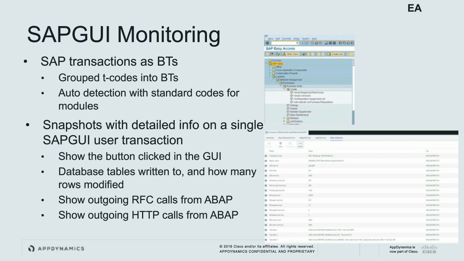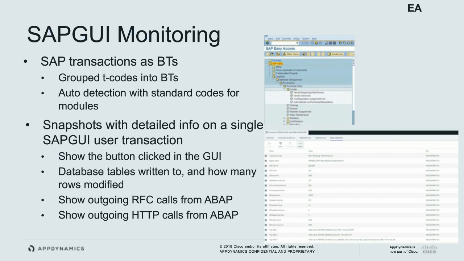We can do auto detection here, and we can even go really deep into what was happening, exactly what was clicked on in the user interface, the database tables that were interacted with, and also looking at outgoing calls, whether they're web services or RFC. I will show you this in action in just a couple minutes.